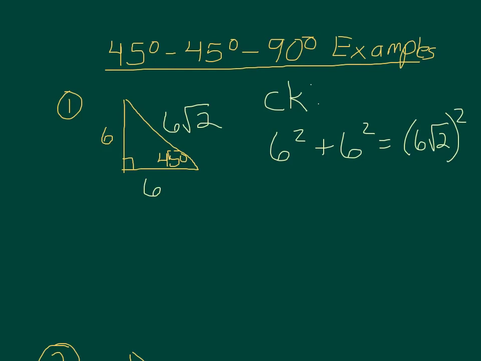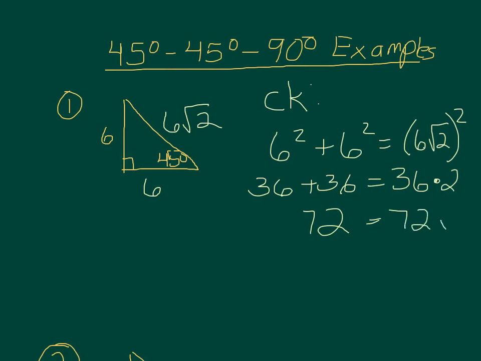Well, 36 plus 36 equals 72. 6 square root of 2 squared, I'm going to square the 6 and get 36, times square root of 2 times the square root of 2 is 2. 72 equals 72, and it does work.